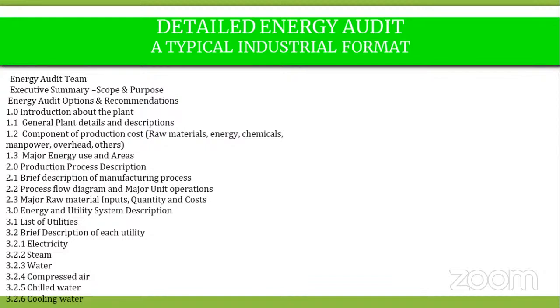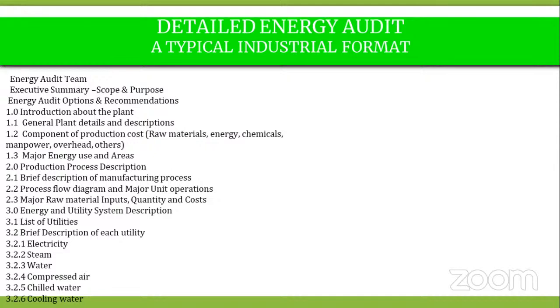If an industry wants to do an energy audit, the MSME itself provides funds for such projects. I'll give details of it at a later time. But why we need to give the details of the plant is that if we want to do the energy audit in a plant, we need to understand what the opportunities are for an energy conservation plan. That is very important.